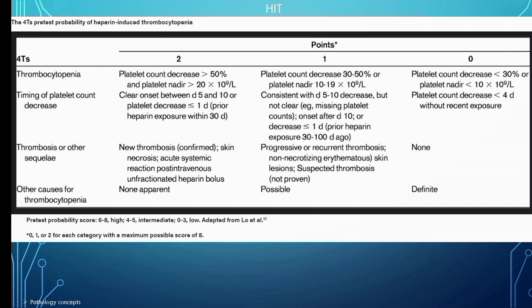If the score is between 4 to 5, then intermediate chances of HIT, and if the score is 0 to 3, then low chances of HIT. The gold standard diagnostic test for HIT is the 14C serotonin release assay. In patients with strongly suspected HIT, heparin should be stopped and alternative anticoagulants should be administered.